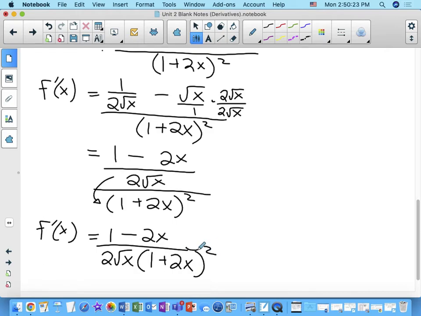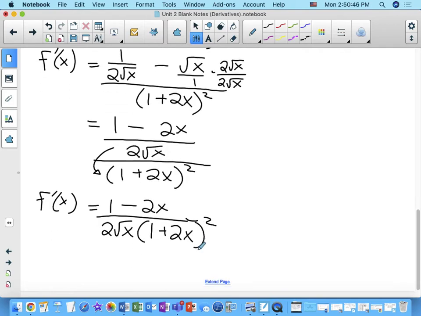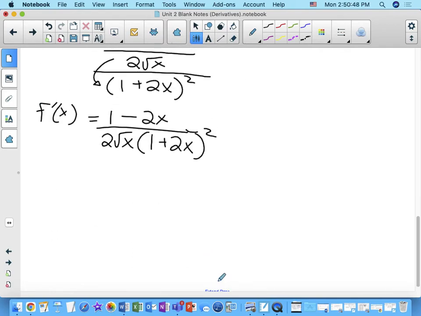Okay, and one of the reasons, again, why it's important to write these things simplified, for example, the 2 root x in the denominator, is it really helps you to see where these functions are differentiable and not. So when I'm looking at this, I can see, and again, this takes some experience, that it is not differentiable when x equals negative 1/2, because that is going to produce a 0 in the denominator.